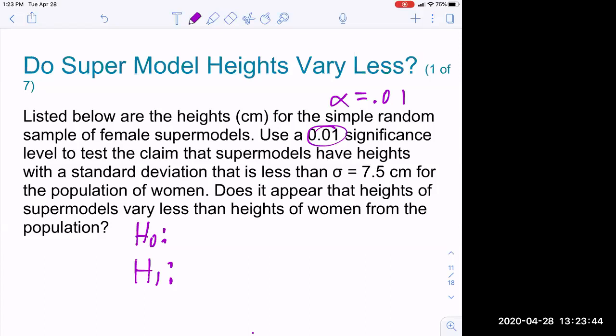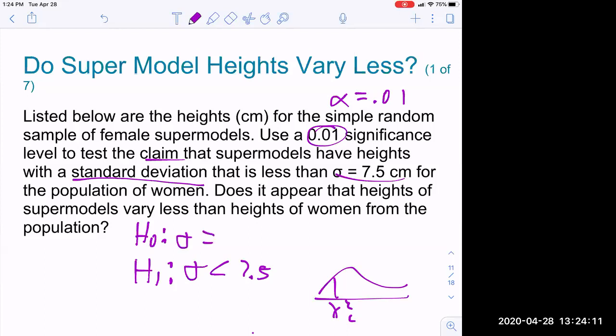Claim that supermodels have heights with a standard deviation. Ooh, as soon as I see that, chi-squared, because this is our claim that is less than sigma equals 7.5 centimeters. That gives me this. Immediately, I'm thinking left tail test, I'm going to need a chi-squared left. My null hypothesis is then equal to, because it's always equal to.